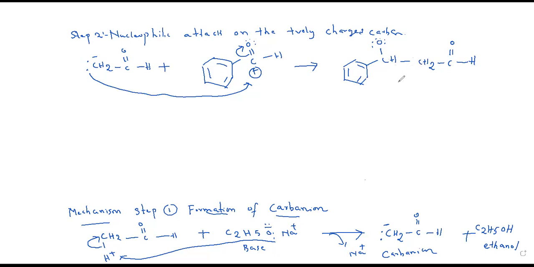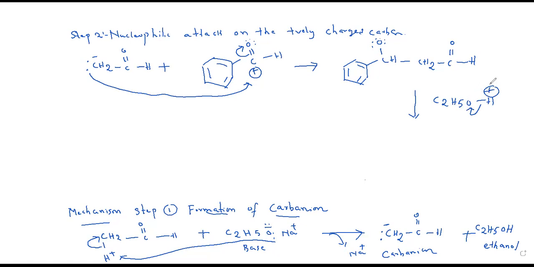Next, this intermediate compound I'm going to react with ethyl alcohol. Where are you getting this ethyl alcohol from? Ethyl alcohol is the byproduct which is liberated in step number 1, so the same ethyl alcohol I'm going to write here in step number 2. Due to the electronegativity difference between oxygen and hydrogen, the sigma electrons will migrate towards oxygen and this hydrogen will get a positive charge.